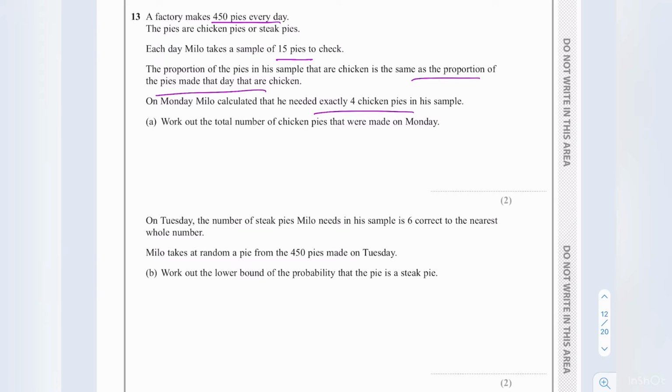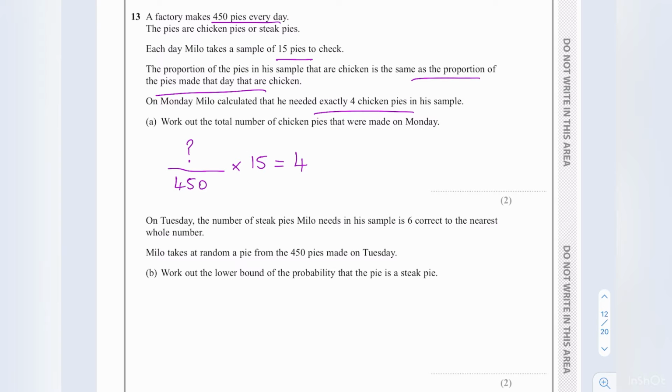Well, we know if we wanted to get a sample size, it would be however many chicken pies there were, which we don't know, divided by the total amount of pies made that day, which we do know is 450, multiplied by the sample size. And that, he has told us, the answer to that calculation is this 4. So we need to work out what that question mark is.